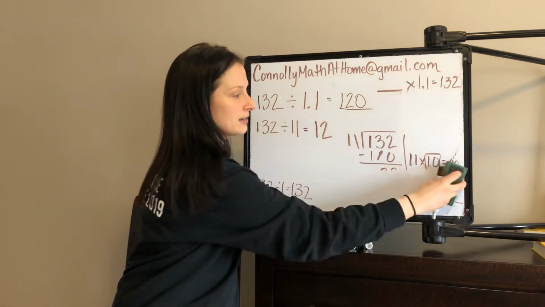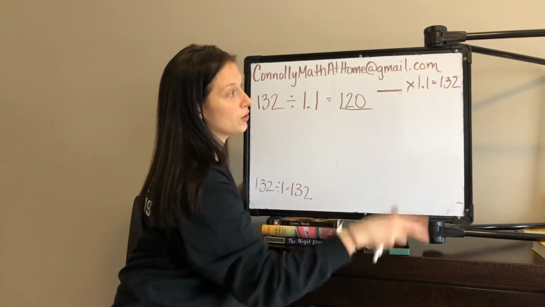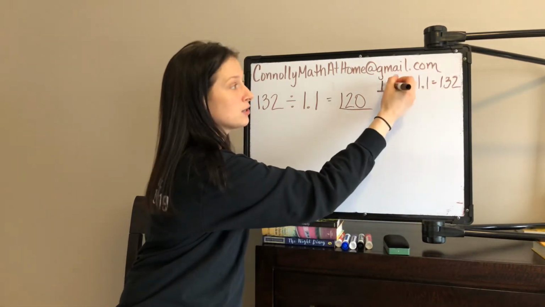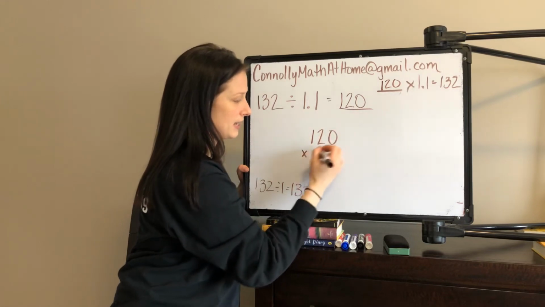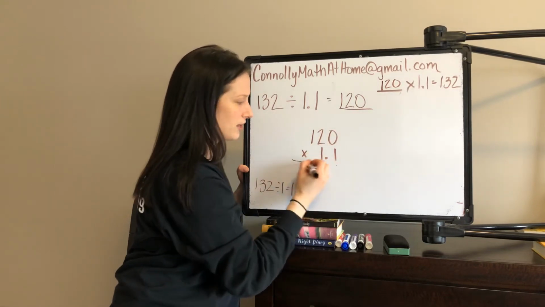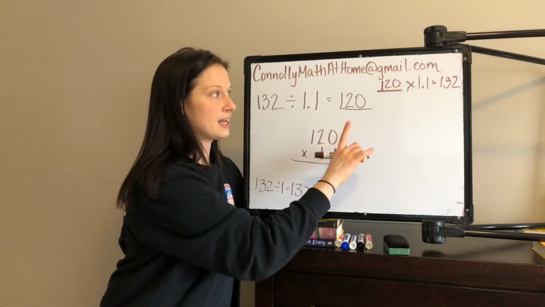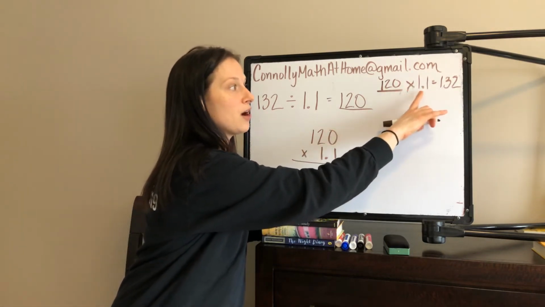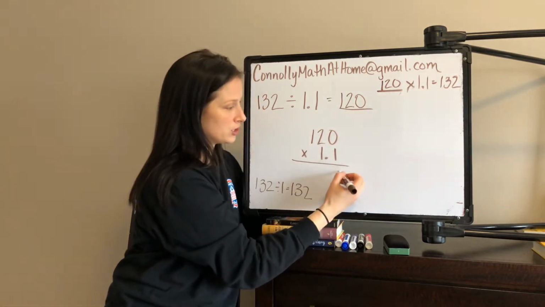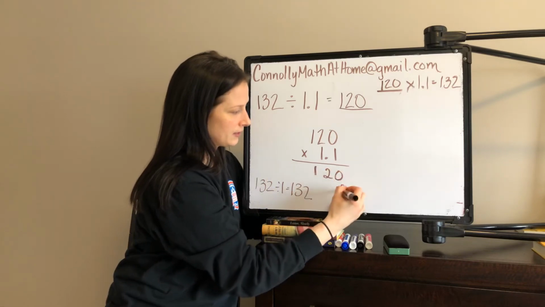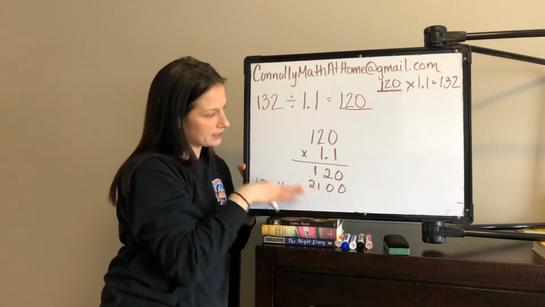And then I want to make sure my answer makes sense with multiplication. So, does it make sense to say, and I'm checking with the standard algorithm to show you all the different things that you know, does it make sense to say 120 groups of 1 1/10 is 132? So let's just check this out here. Let me get rid of my estimate.